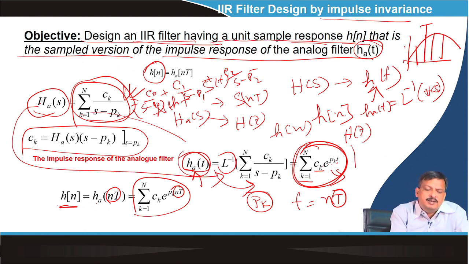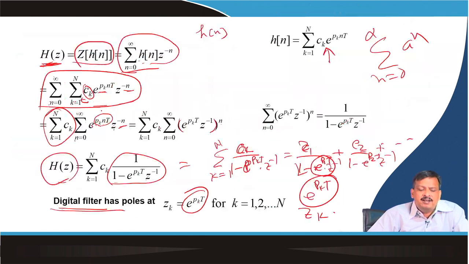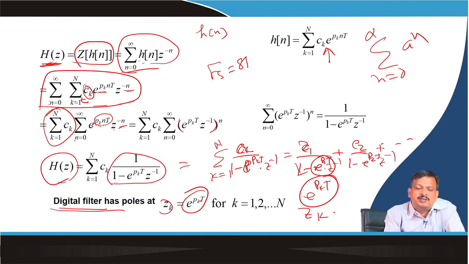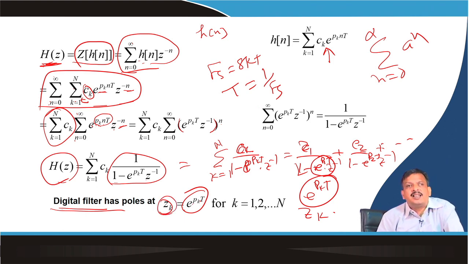Pk is the pole position in the s plane, as given by s minus pk. So I know pk, and if I know the sampling frequency, zk is nothing but e to the power pk t. Suppose fs is equal to 8 kilohertz, then I know t is equal to 1 by fs. Then if I know the pk value, I know the value of zk.